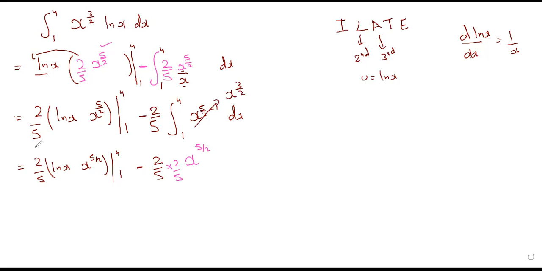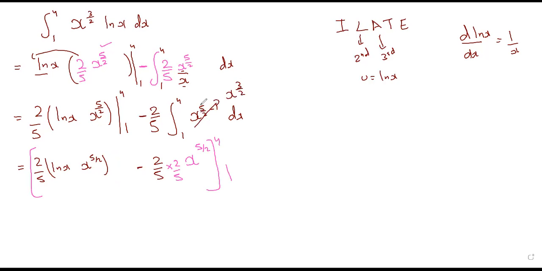Now I can just write down the limits 4, 1 for this expression. Have you understood this question so far? Anything that you have not understood? No, it's fine. Are you sure?